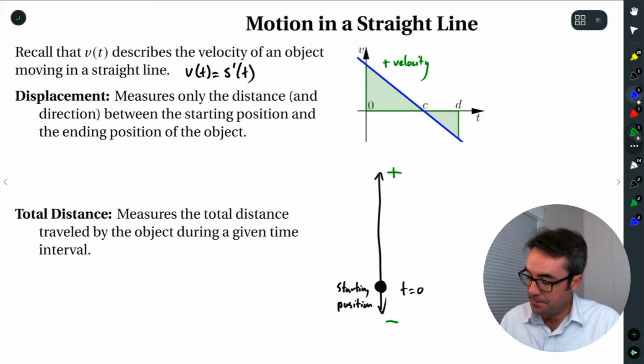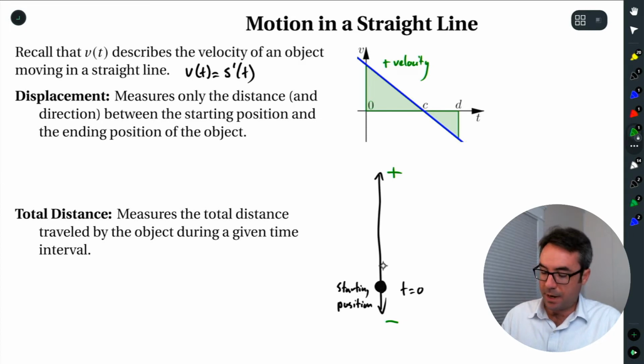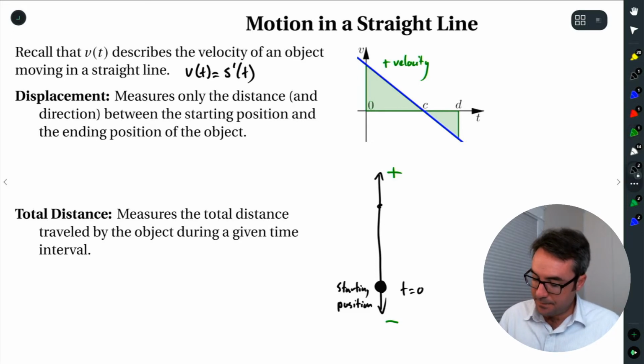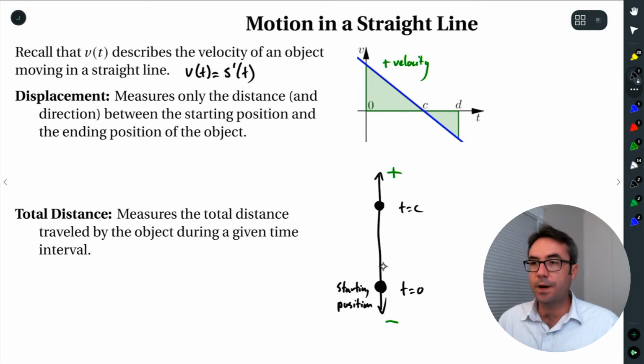During that time interval, we have some starting position, and we're moving up. Then we get to this moment in time at t equals c, where we're moving up and we start slowing down.